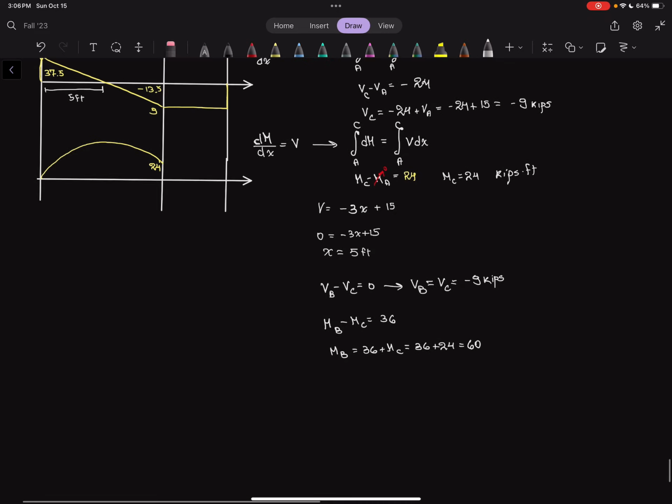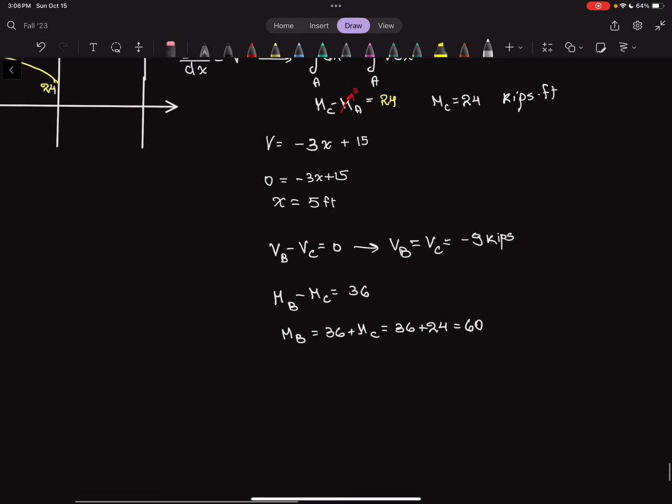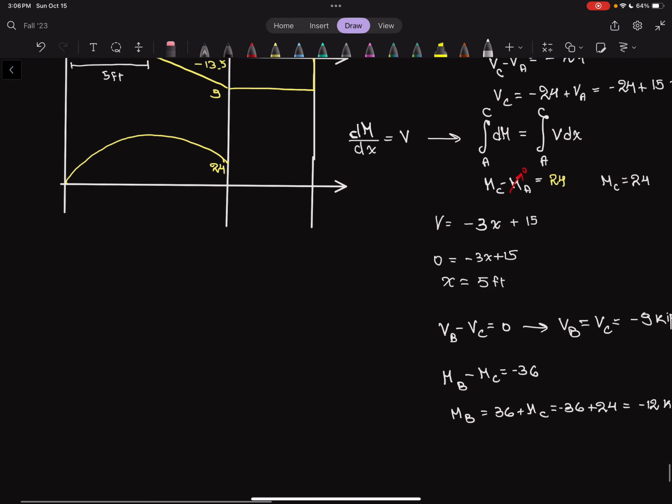So these have to have different signs. And that's because I didn't put that this area is negative. So that would be minus 12 kips times feet. And so then we get to here, we'd go to negative 12. And then here we'd get to 0.